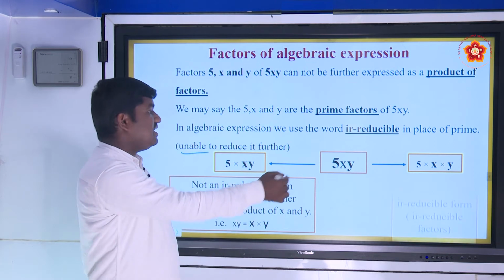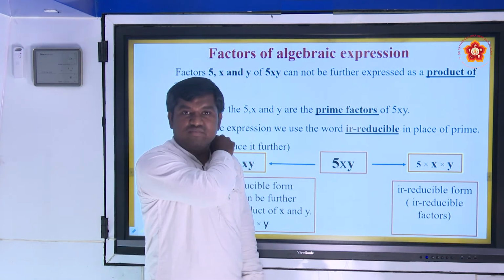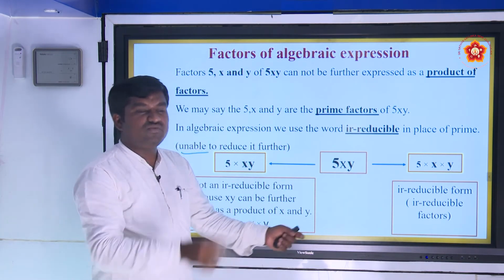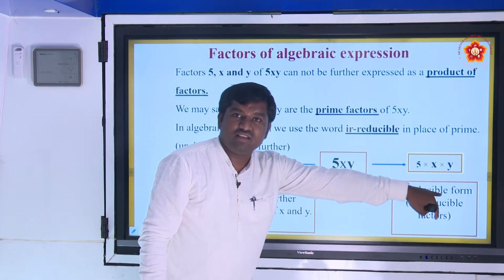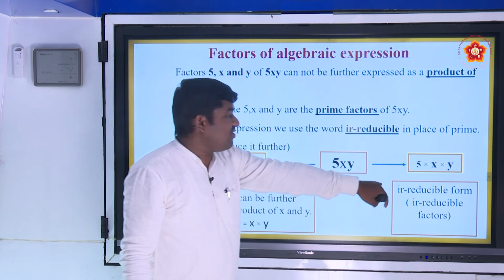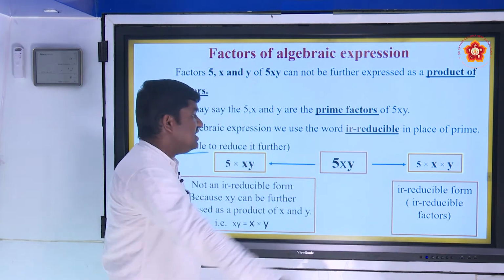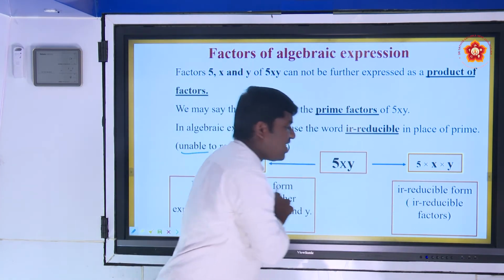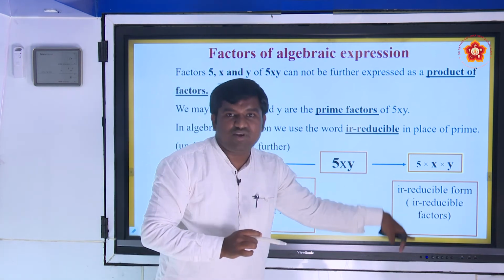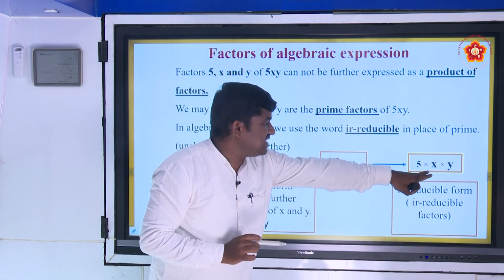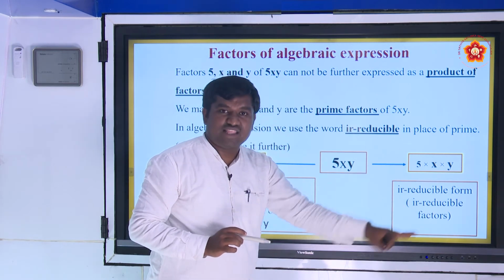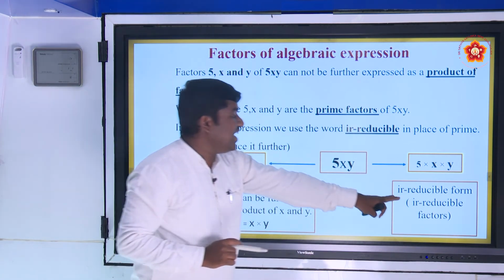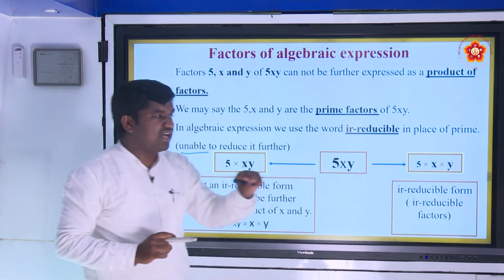See, 5 into x into y, we are not able to express this again as a product of factors. So this is an irreducible form, meaning irreducible factors. These factors cannot be reduced further, so they are called irreducible factors.